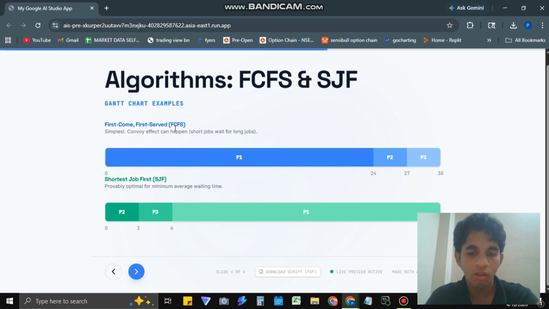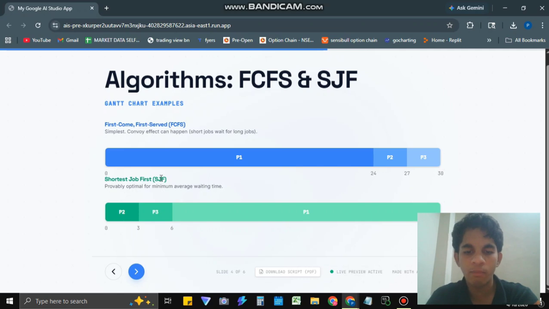Then we have something better, what we call SJF, shortest job first. In this we put the quickest task in the front of the line. Why? Because it drastically lowers the average waiting time.